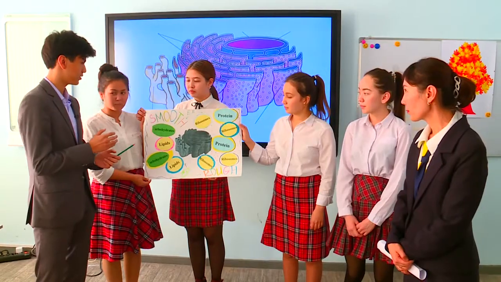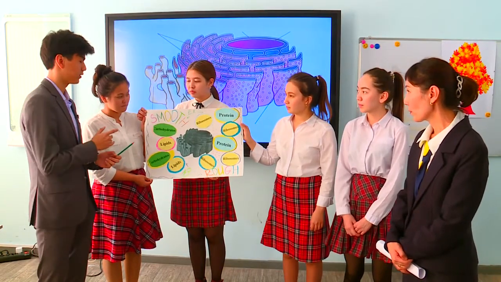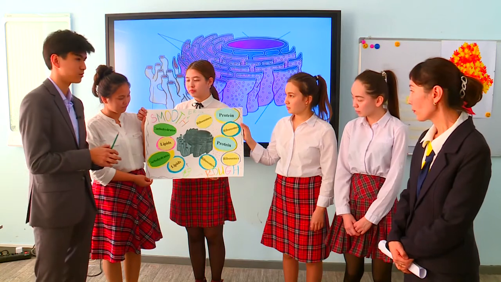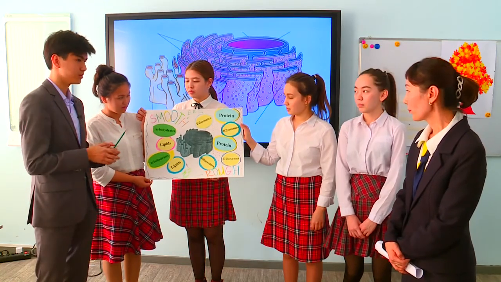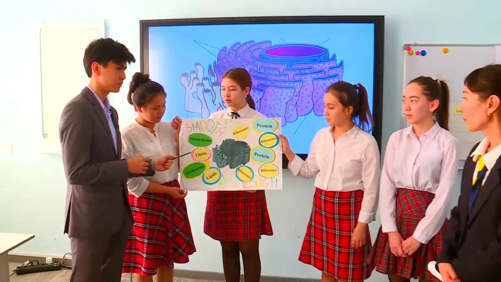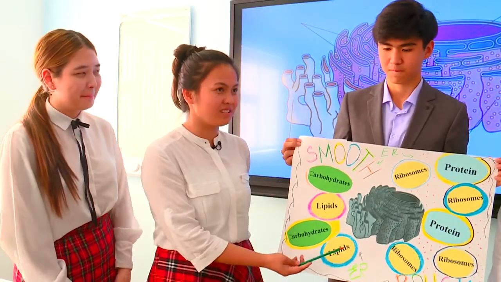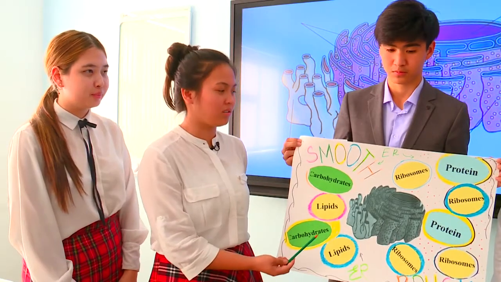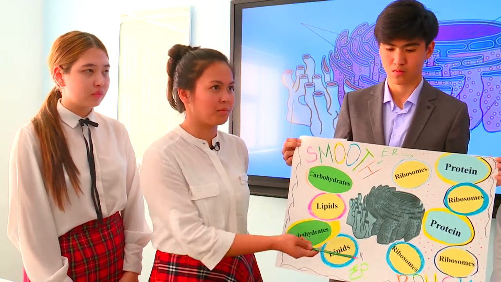Endoplasmic reticulum is a single membrane organoid. It is a system of tanks and channels, limiting the cavity with a single membrane, connected with the nuclear membrane.